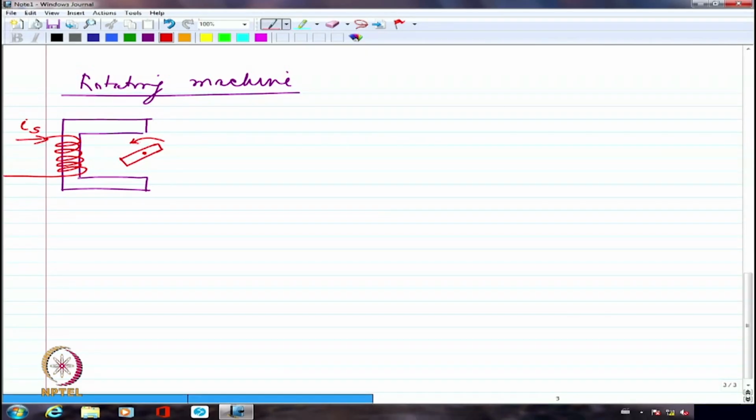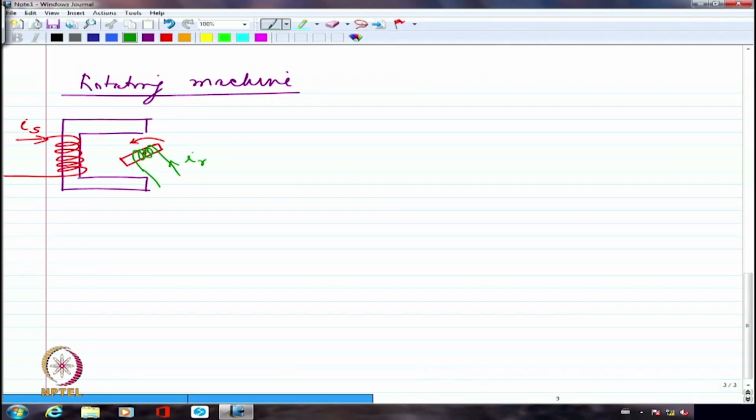The rotor might also carry a current. It is not singly excited, it is doubly excited, excited from both stator as well as rotor. So I'm going to have one more current passed here, which is the rotor current.